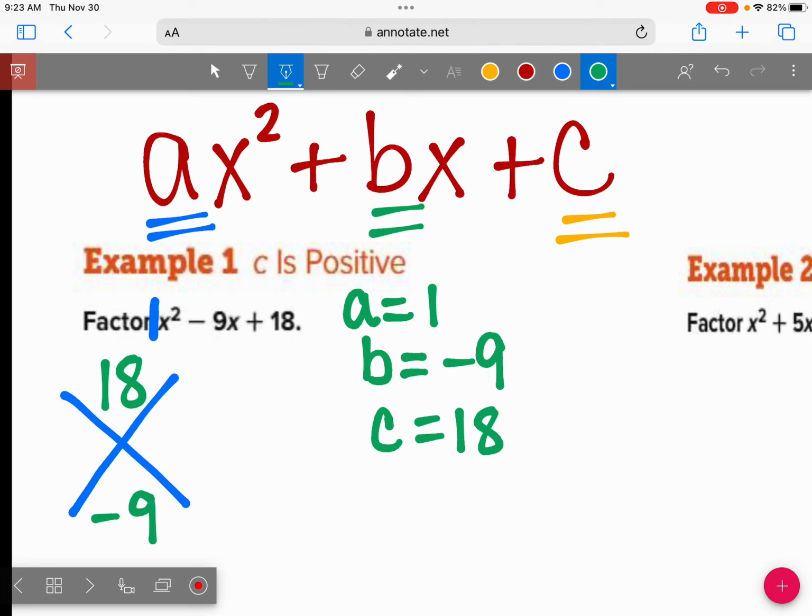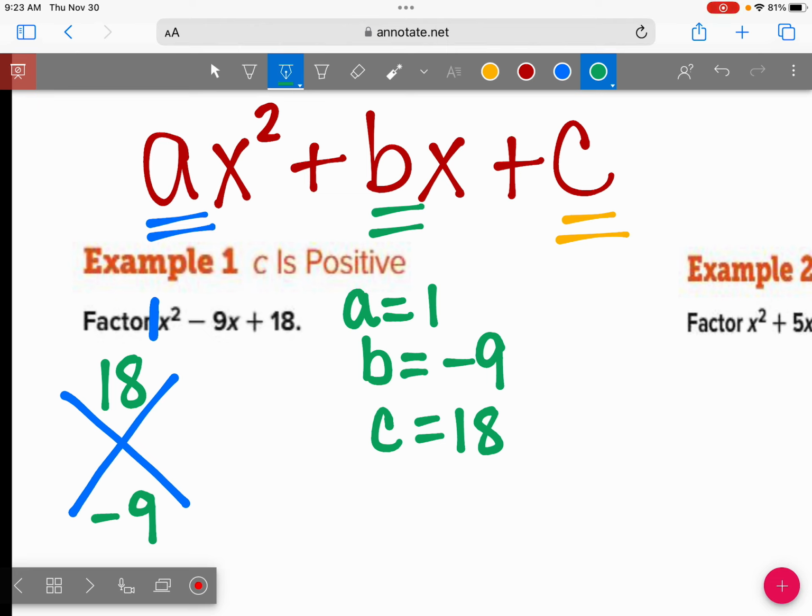So now we need to pause, because you need to find these numbers. Don't say it out loud when you find them. We need two numbers that multiply to positive 18 and add to negative 9. I know I'm looking for two numbers that have the same sign, and they're both negative.